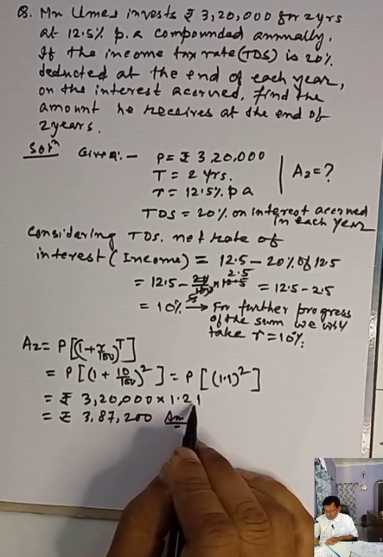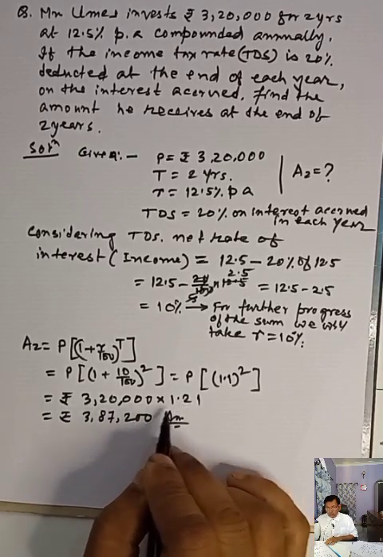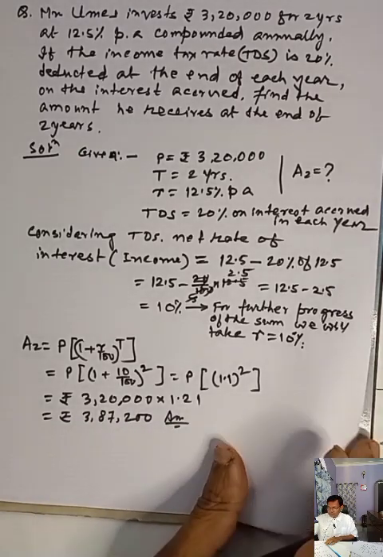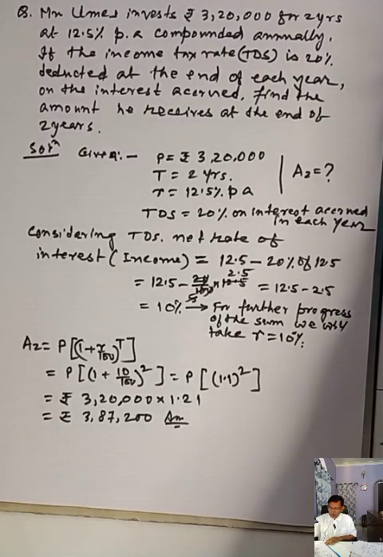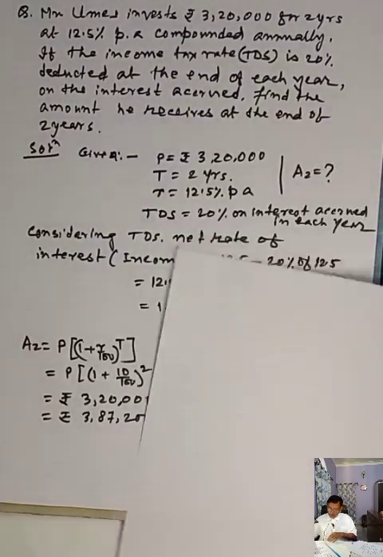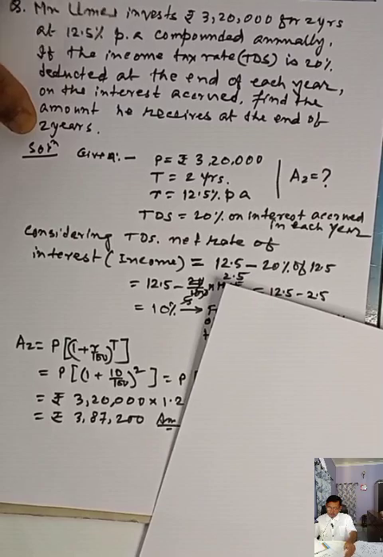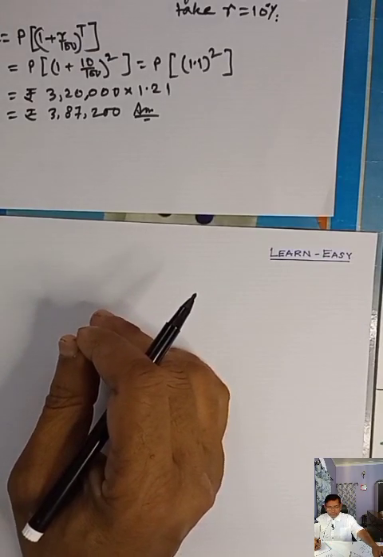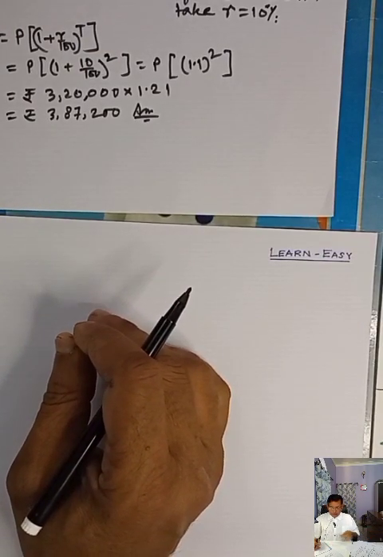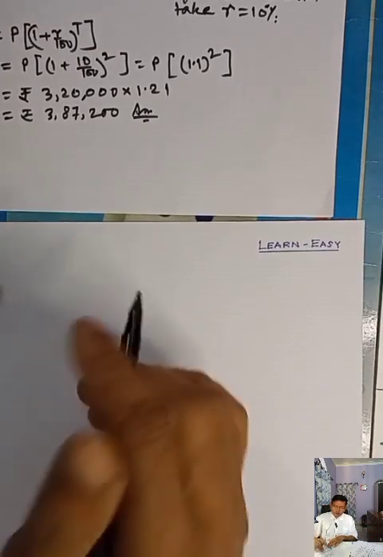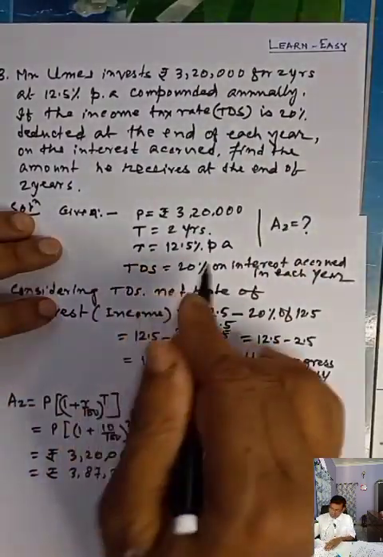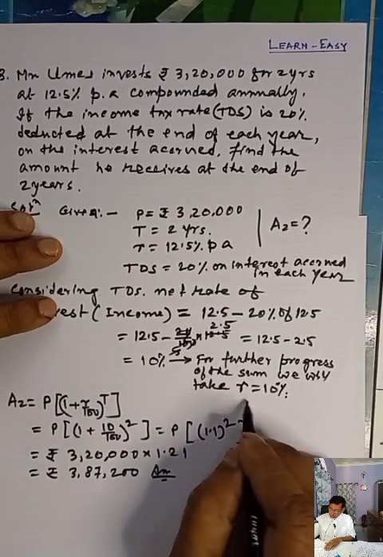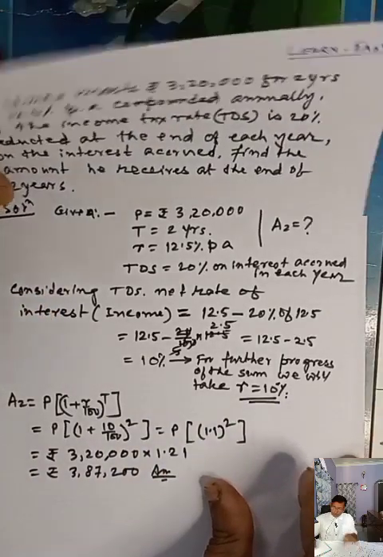But this multiplication is time consuming, so we can do this sum in another way, by applying the concept of compound interest. In that case, the rate of interest here is 10%.